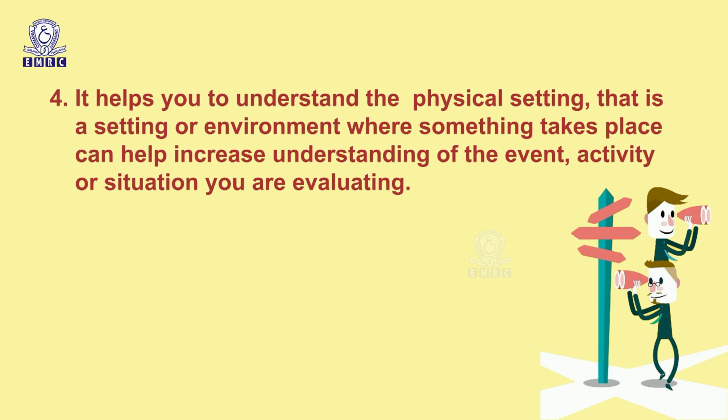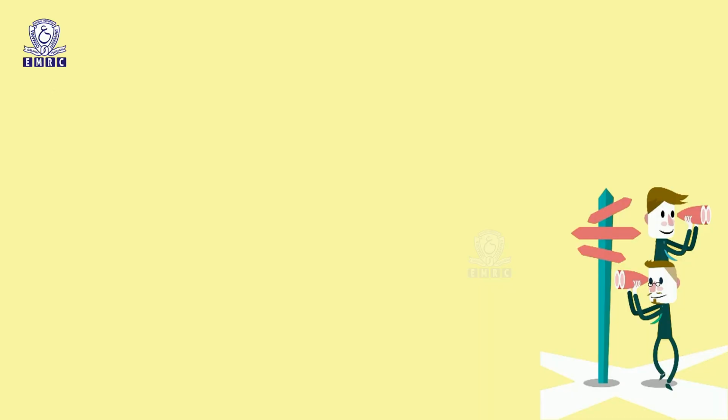Fourth, it helps you to understand the physical setting. A setting or environment where something takes place can help increase understanding of the event, activity or situation you are evaluating. For example, you can observe whether a classroom or training facility is conducive to learning.